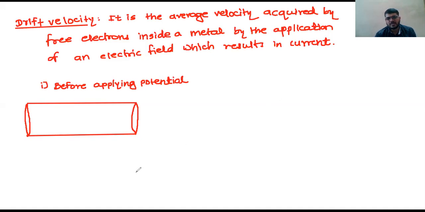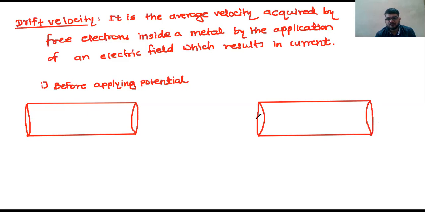In the next case, I am taking the same conductor, but we are applying a potential difference now, meaning we are applying a battery.